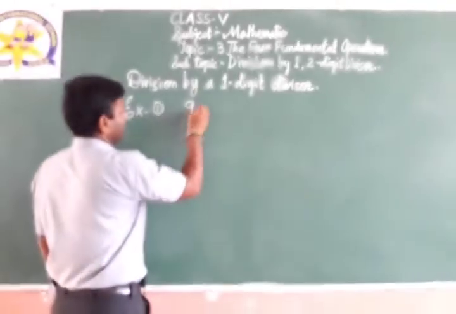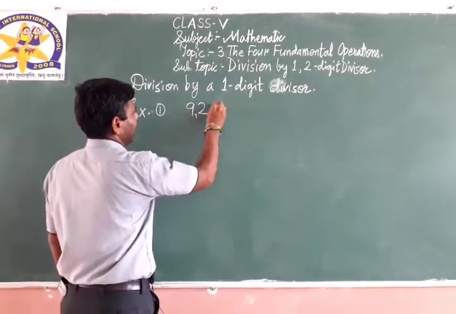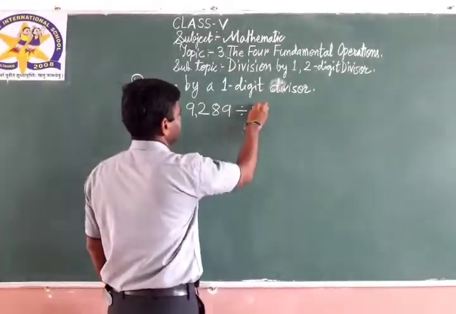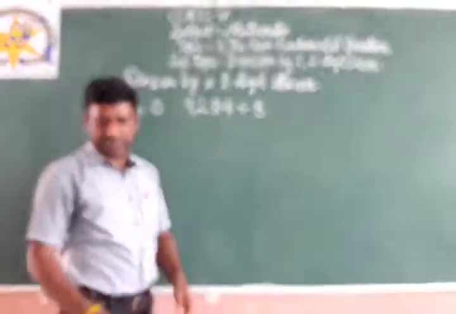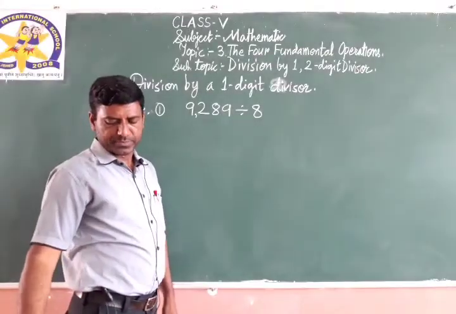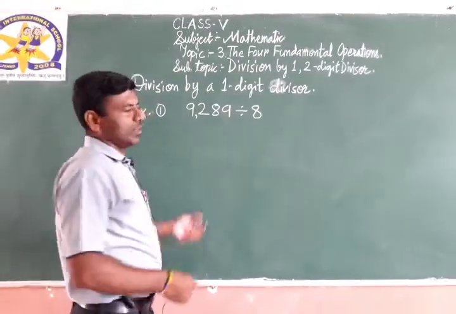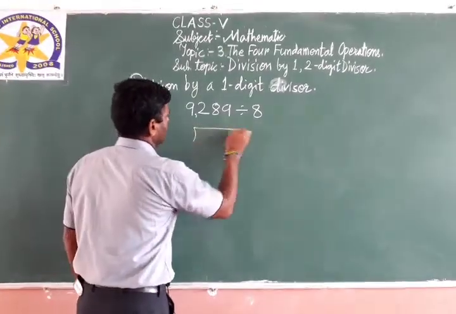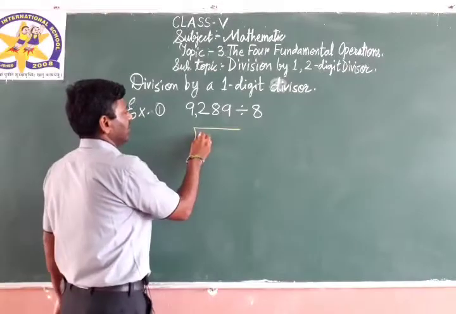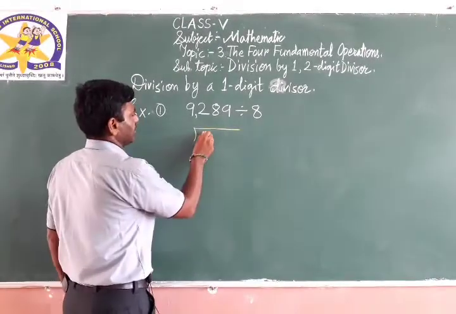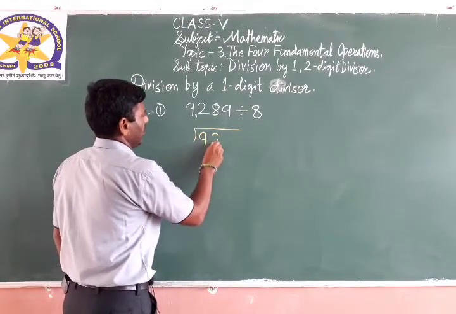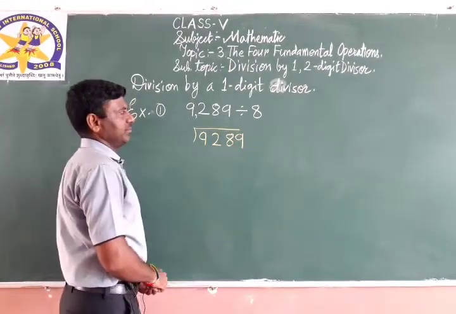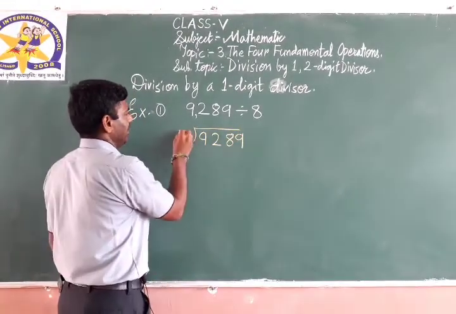9,289 divided by 8 is given. Okay. Now, how are we dividing? Right, write 9,289 properly, divided by 8.